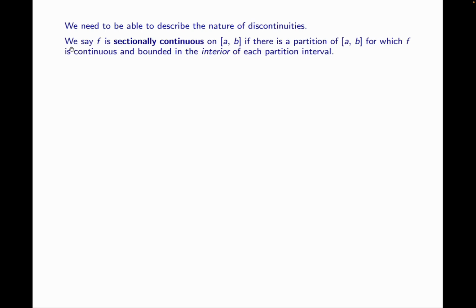So we say f is sectionally continuous on [a, b] if there is a partition of [a, b], that is, a dividing of [a, b] into intervals whose union is equal to [a, b], for which f is continuous and bounded in the interior of each partition interval.